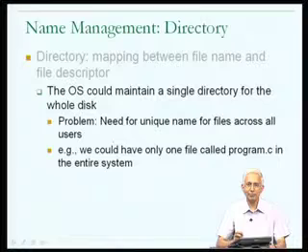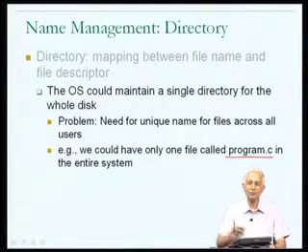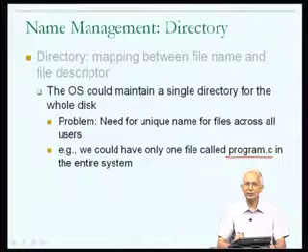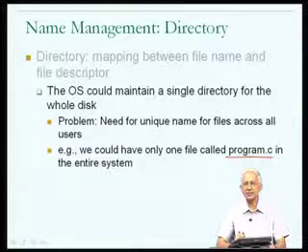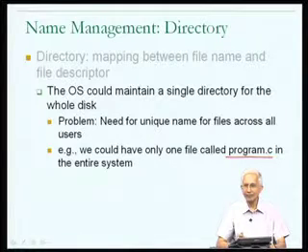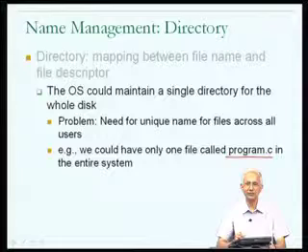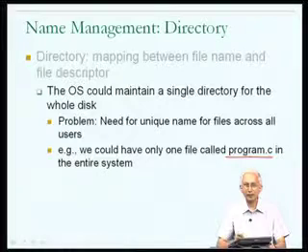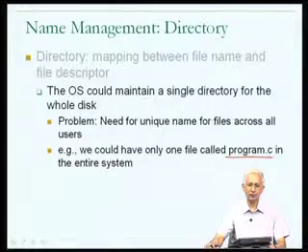Right. So for example, we've talked many times about a C program called program.c, and if the operating system was maintaining a single directory for the entire disk, then this would imply that among all the users on the system, there could be only one file called program.c, and very clearly this would be far too restrictive.